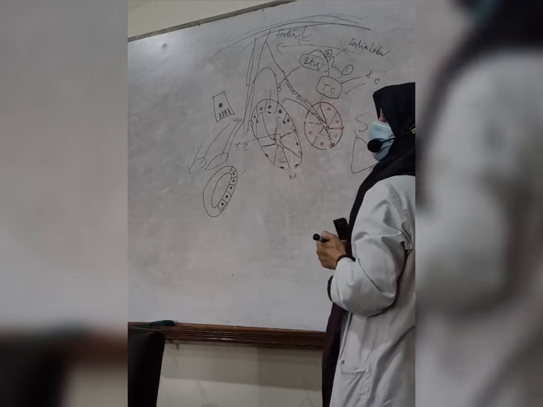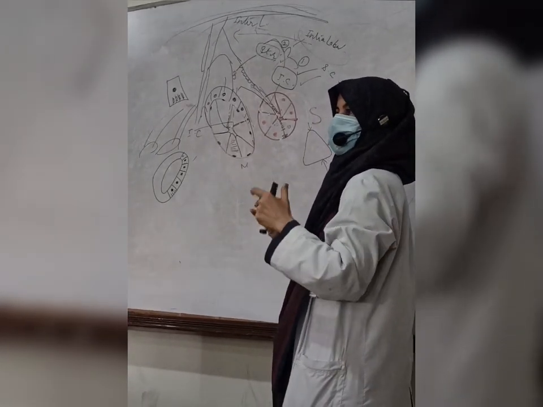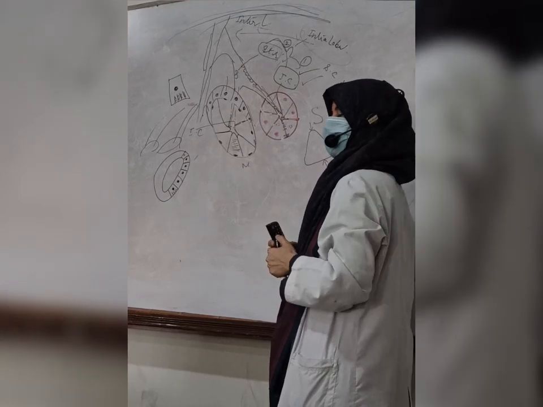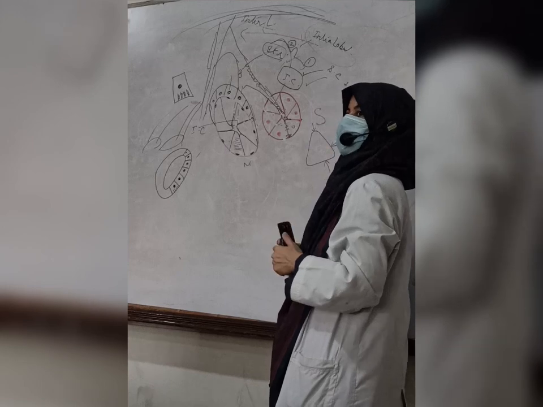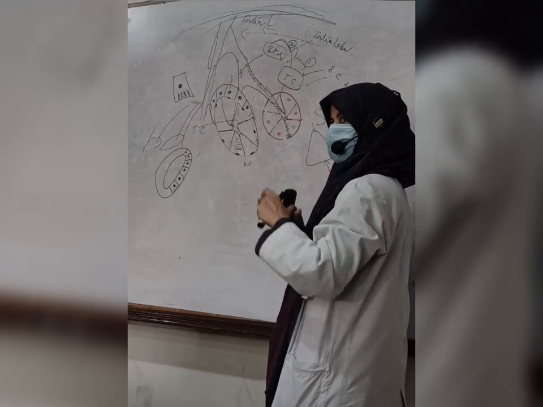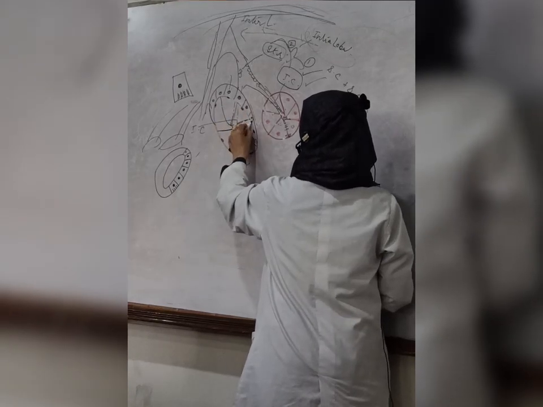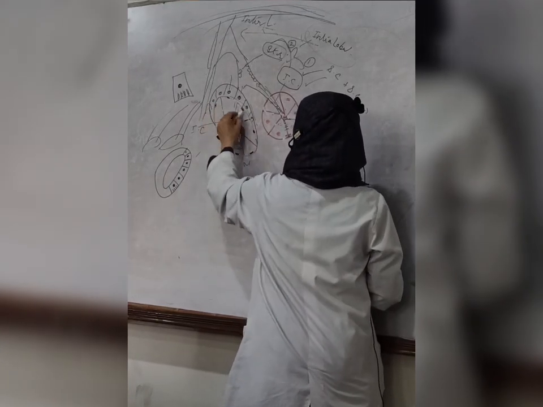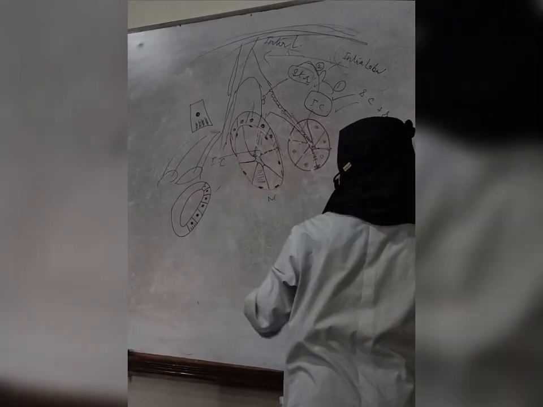There are different schools of thought, but usually this is an artifact produced when we make a slide, and these acini swell up by giving out their content during fixation, so it appears as a serous demilune, prominent capping the superior surface of this acinus, right?